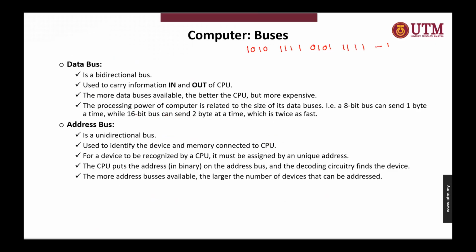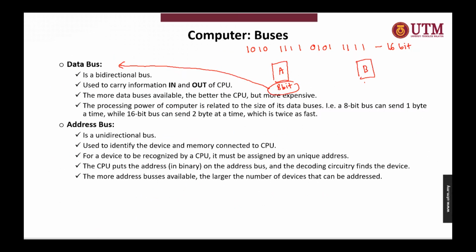Let's assume that this is a 16-bit number, and then we have two processors, processor A and processor B. Processor A is an 8-bit processor. 8-bit processor is actually referring to the size of the data bus.